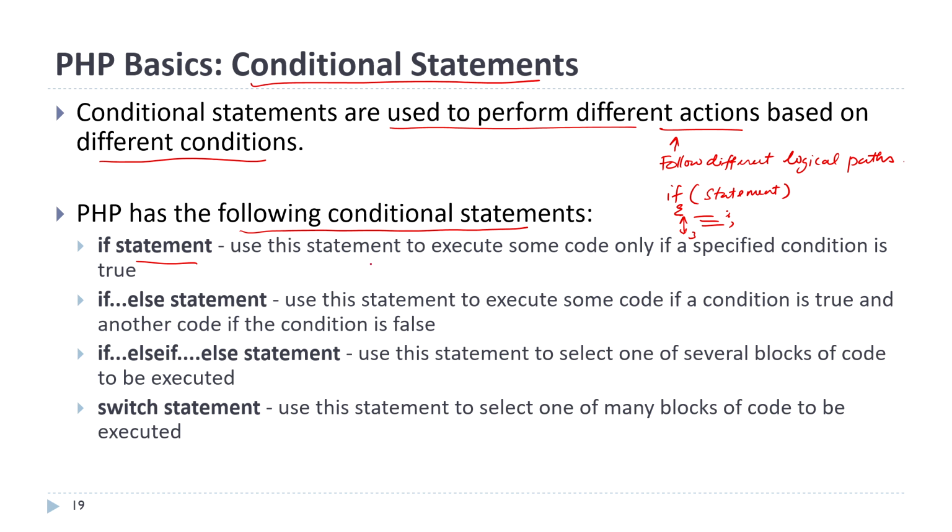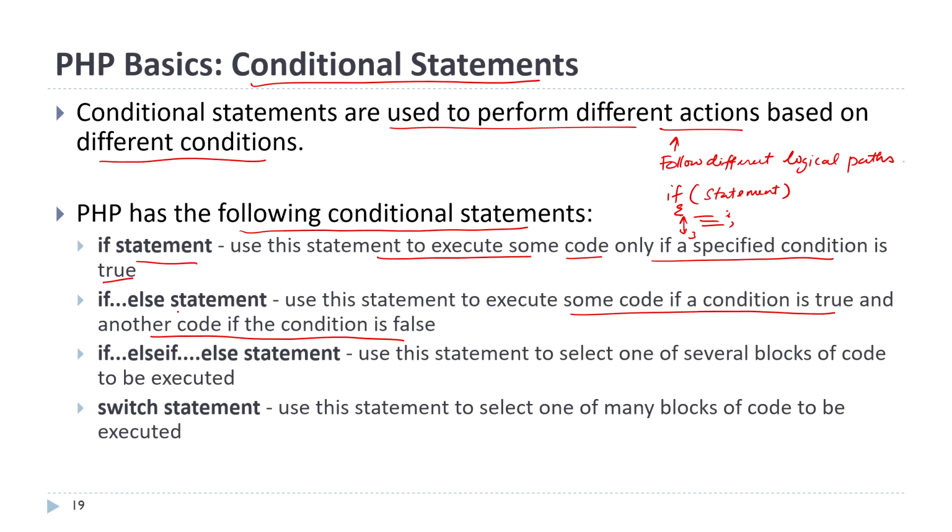The if statement is only used to execute some code if a specific condition is true. The if else statement is used to execute some code if a condition is true and execute another code if the condition is false. So, there is a scenario where something is true, then you have to do a logic. If it is not true, then you have to do some other logic, then you use the if else statement.